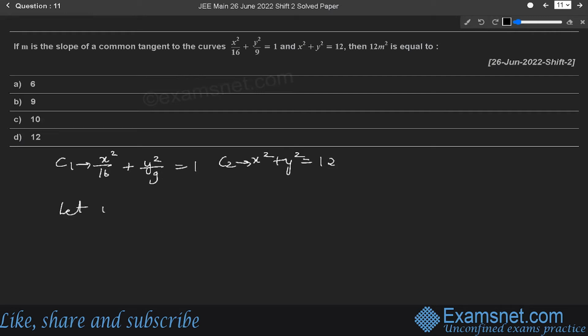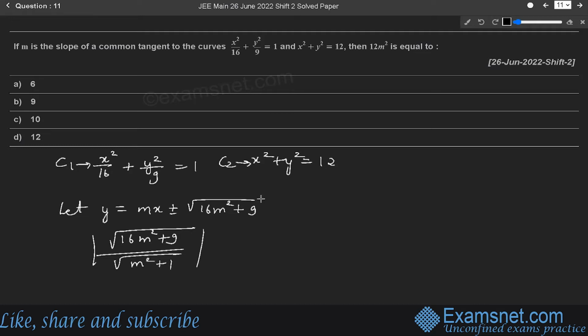Let y = mx ± √(16m² + 9) be any tangent to the curve C1. And if this is also a tangent to C2, then √(16m² + 9) divided by √(m² + 1) will be equal to √12.